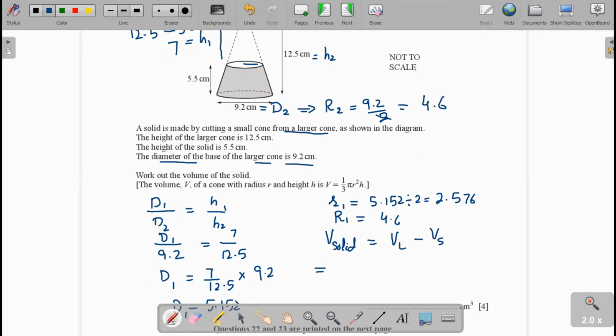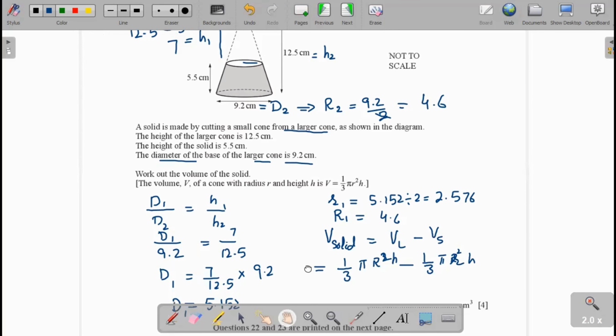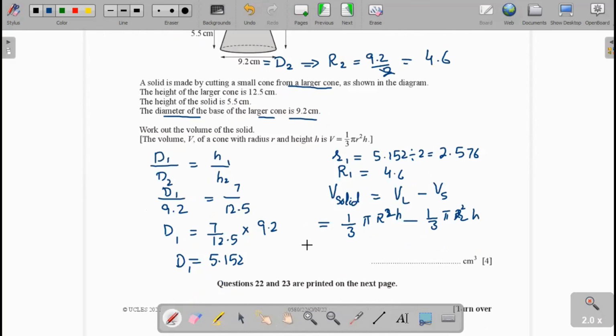Now the volume of a cone formula is 1 over 3 pi r square h. So 1 over 3 pi r square h minus 1 over 3 pi small r square h. Now here you can see 1 over 3 pi is taken as common.